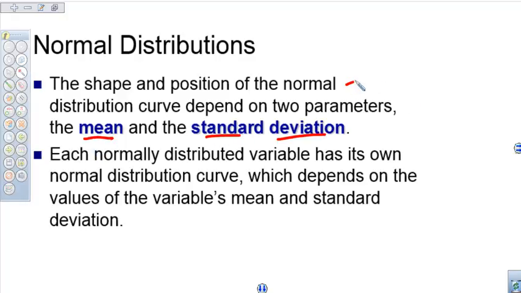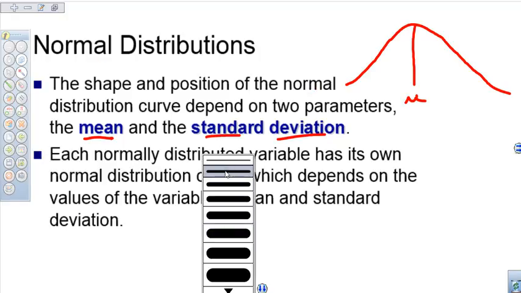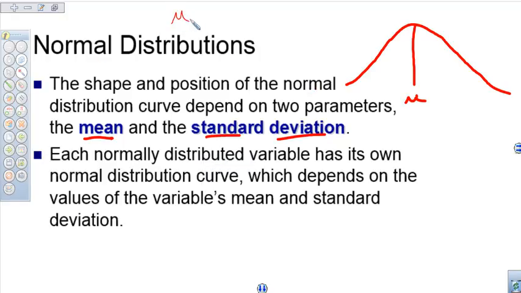As we look at our normal distribution here, right smack in the middle, that value is going to be your mean. Remember that symbol mu? Mu stands for mean, the population symbol. So my mu would be there. And then I have my standard deviations, and this is an approximate sketch. This would be +1 standard deviation.